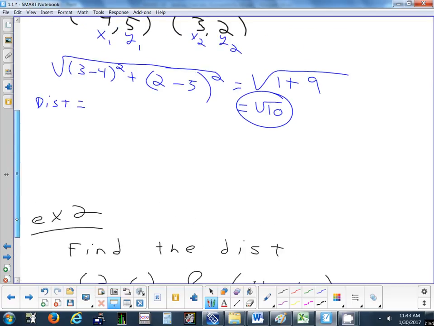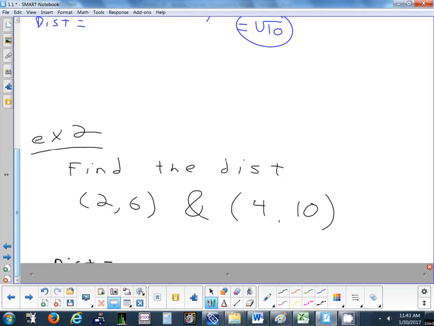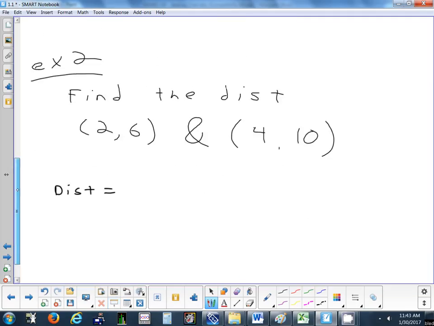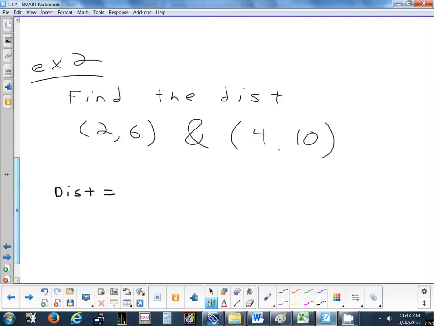Does everybody have example 1? All right, so Graham, can you start me off with what's going to go in the first set of parentheses? 4 minus 2.